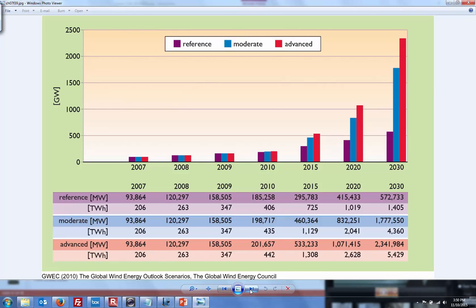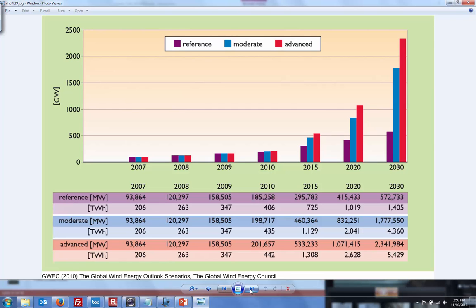Okay, so let's take a look at table 7.4. It says projected technical, constrained, and economically competitive potential for European wind energy. This is just Europe. We're looking at 2020 and 2030.